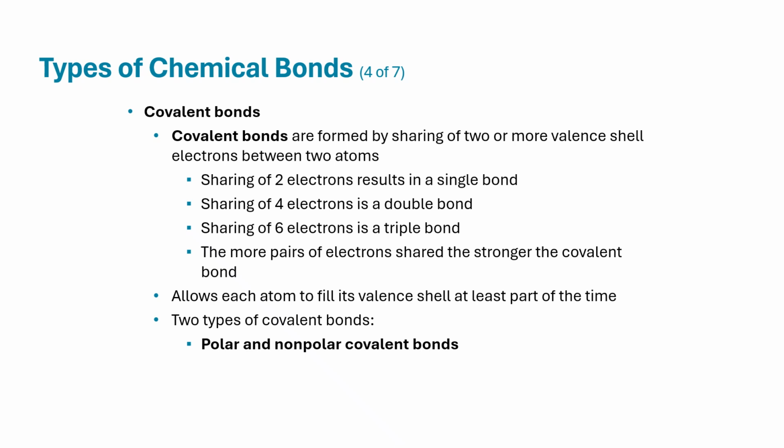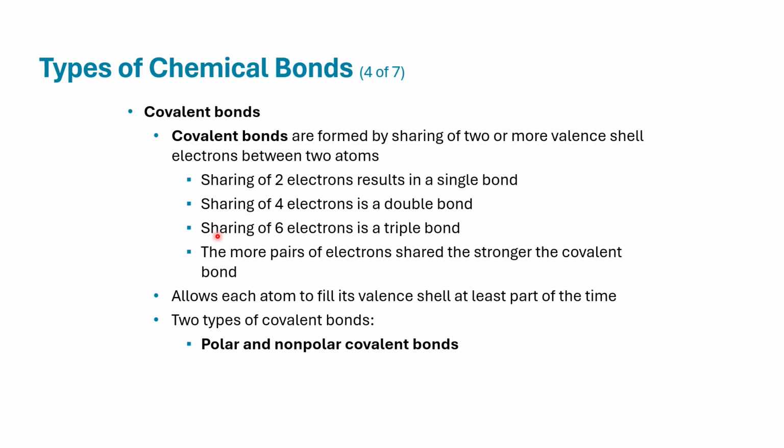Okay, the other type of bond is covalent bonds. Covalent bonds are formed by sharing of two or more valence shell electrons between two atoms. All right, now this is going to be option one. You can have sharing of two electrons. This goes and forms a single bond. Sharing of 4 electrons forms a double bond.